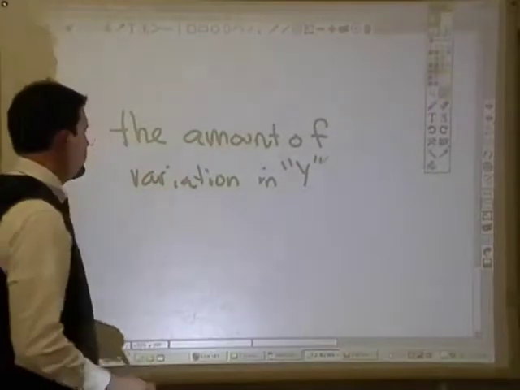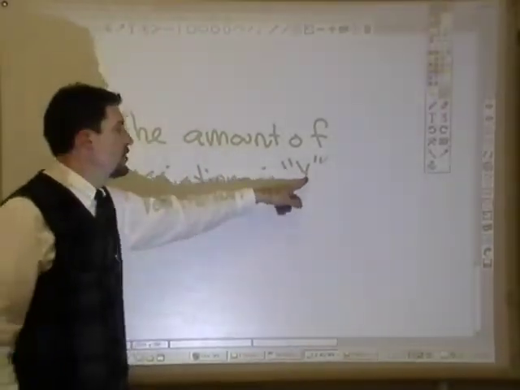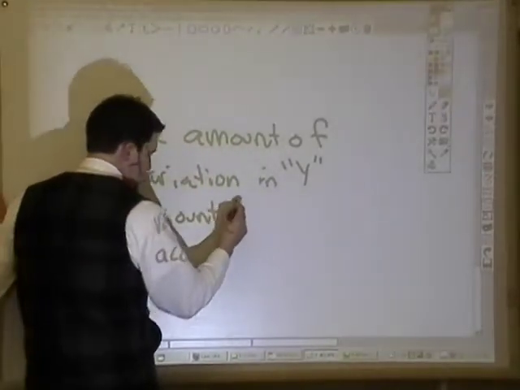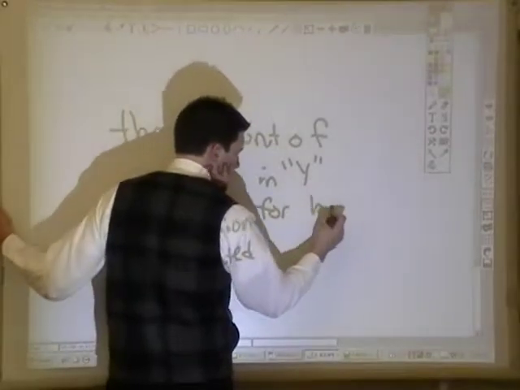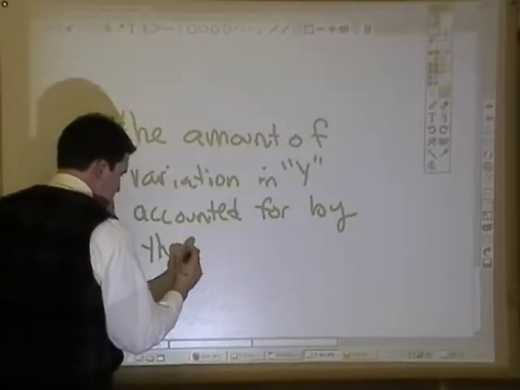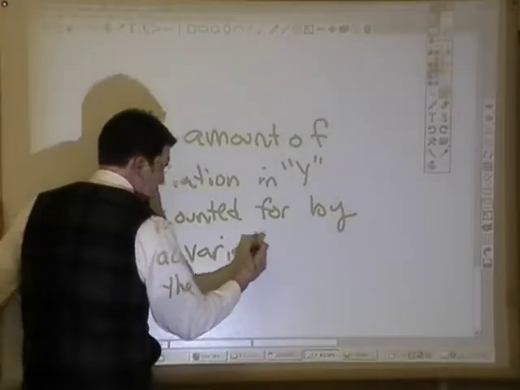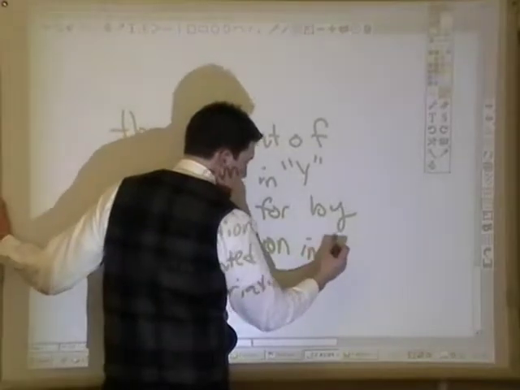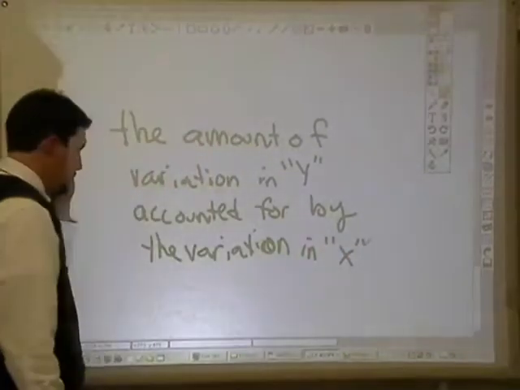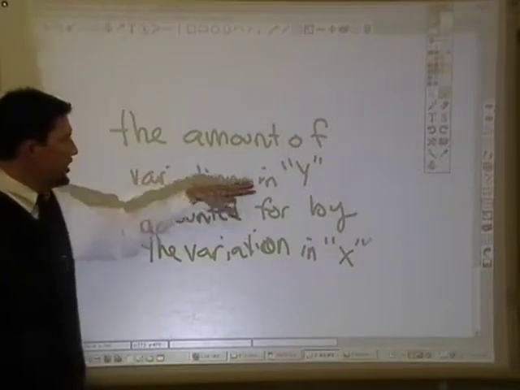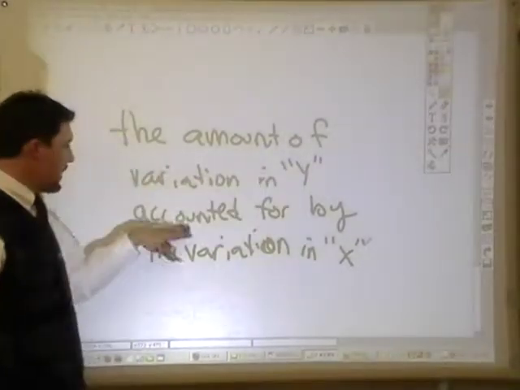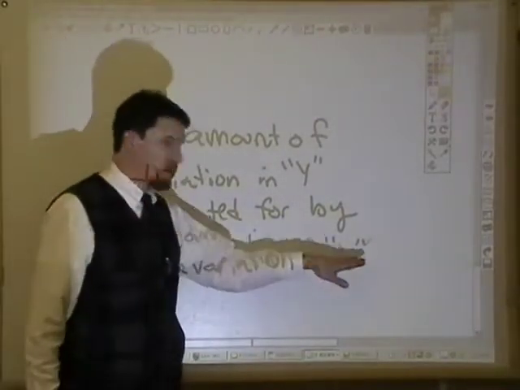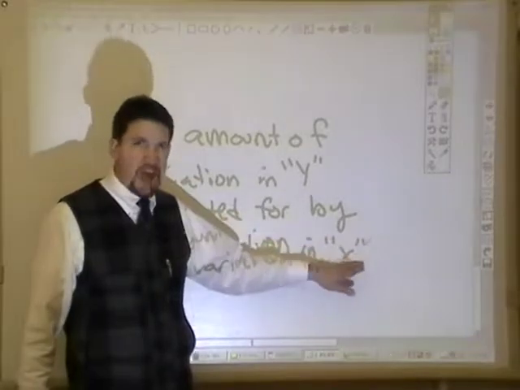In our situation, it would be the amount of variation in freshman year GPA accounted for by the variation in x, whatever your x variable is. So it's the amount of variation in y, in freshman year GPA, accounted for by the variation in SAT scores. That's what you're going to write.